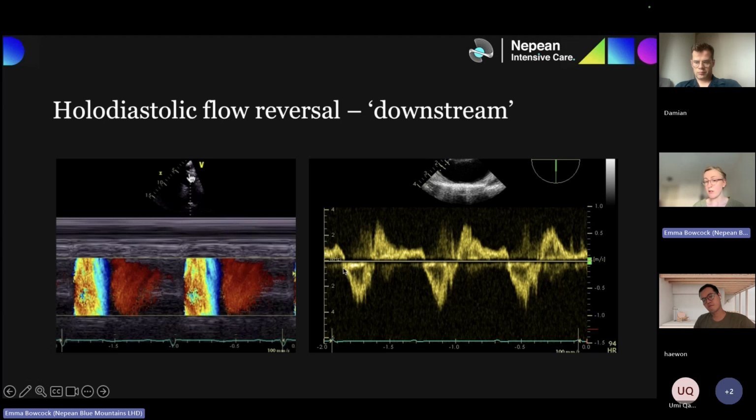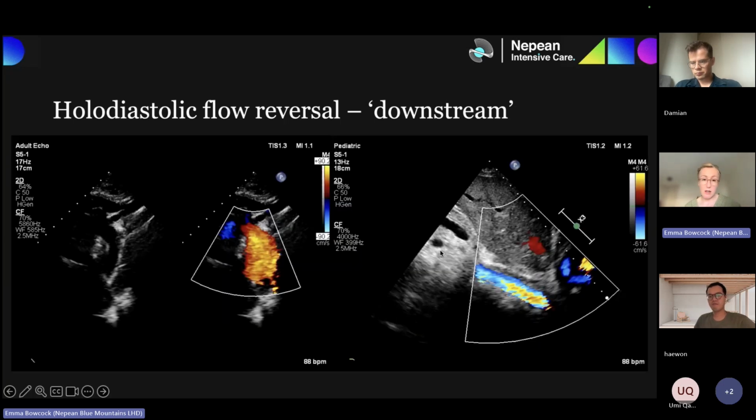So we've got systolic blood flow coming away from the probe, and then we've got diastolic blood flow throughout the whole of diastole. Holodiastolic flow reversal. And this is in keeping with severe AR. I can't see the side markings, but it's around that 0.2, 0.3 mark, I think. So this would be in keeping with severe aortic regurg.